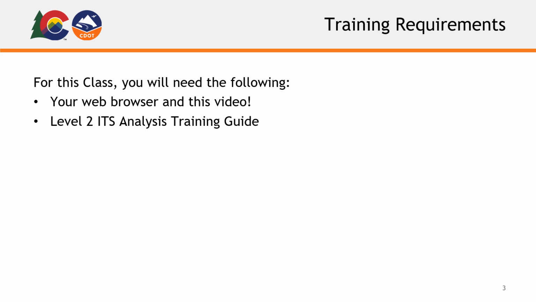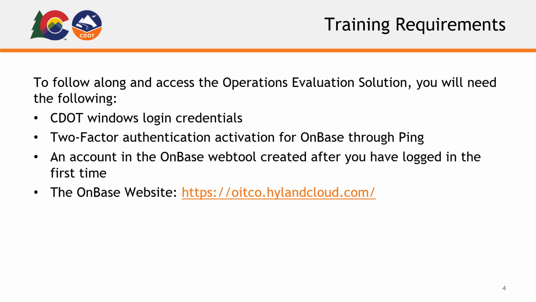For this class, you will need the following: your web browser and this video, Level 2 ITS Analysis Training Guide. To follow along and access the Operations Evaluation solution, you will need the following: your CDOT Windows login credentials, two-factor authentication activation for OnBase through Ping, an account in the OnBase web tool created after you have logged in the first time, and the OnBase website shown here.